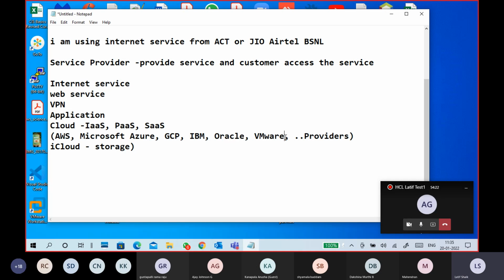VMware is a private one, not a public service. Private cloud related kind of stuff. You want to configure a private cloud like that.